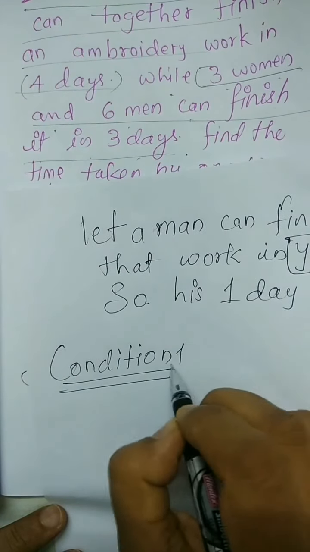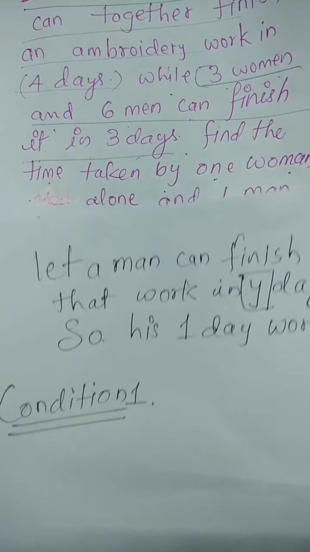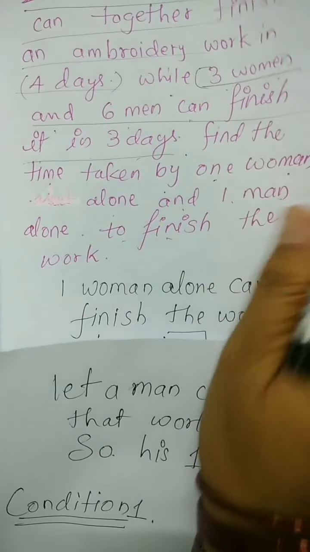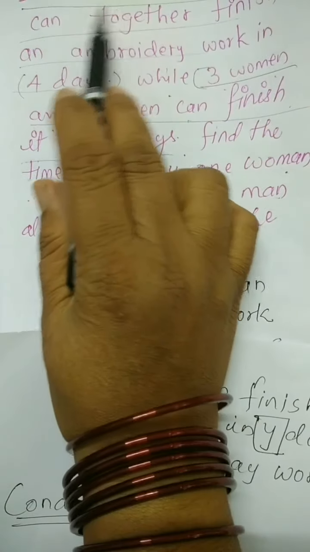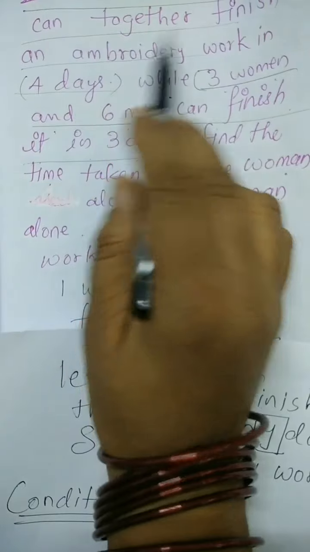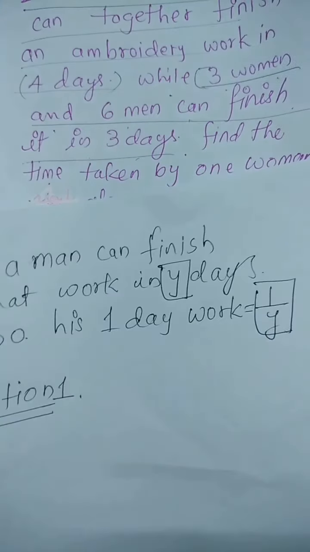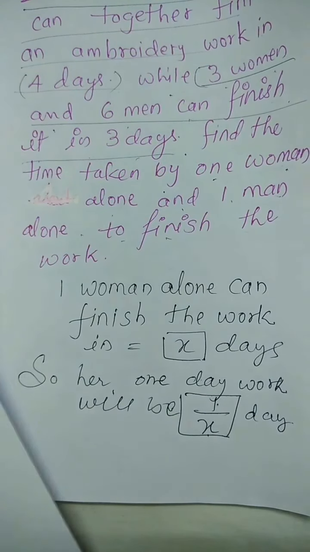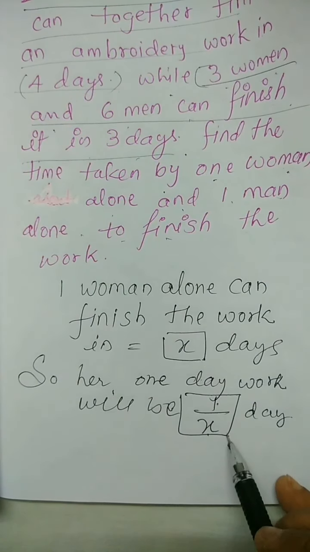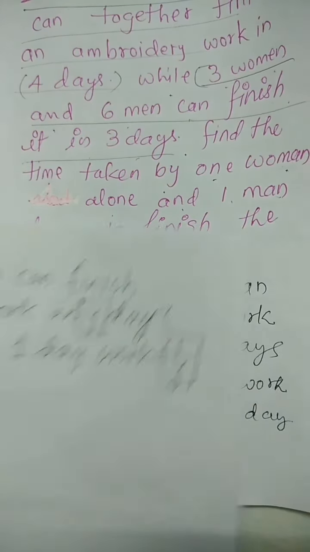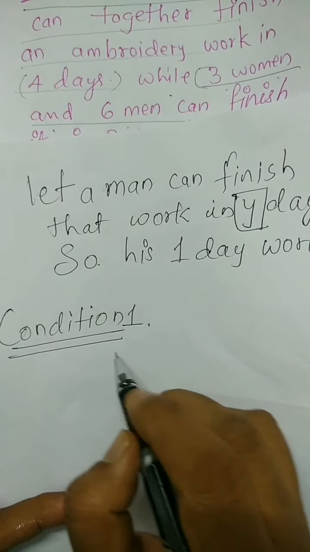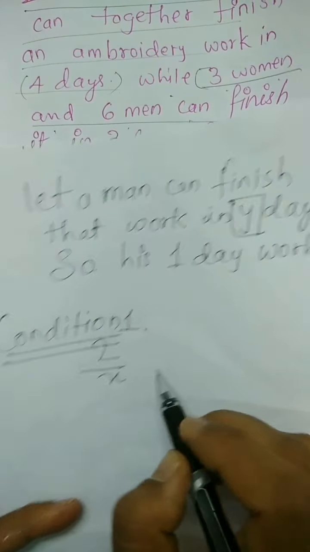Condition 1. What is the first condition? That 2 women and 5 men can together finish an embroidery work in 4 days. 2 women. One woman's work is 1 by x, 1 day's work. So 2 women's work will be 2 by x.